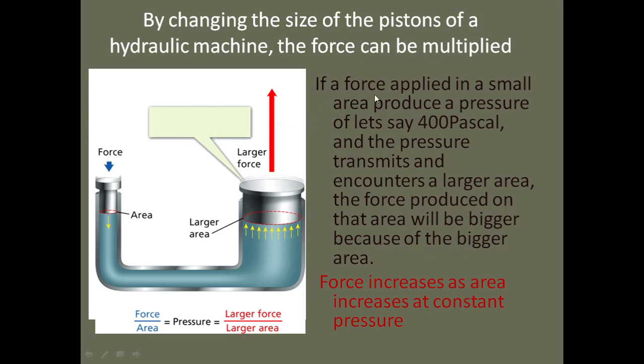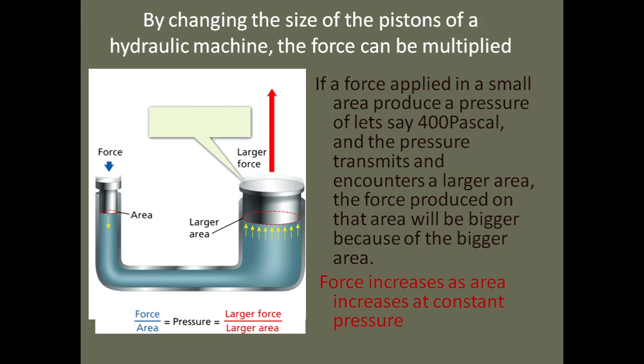So if a force applied on a small area produces a pressure of, let's say, 400 pascal, and the pressure transmits and encounters a large area, the force produced on that area will be bigger because of the bigger area.